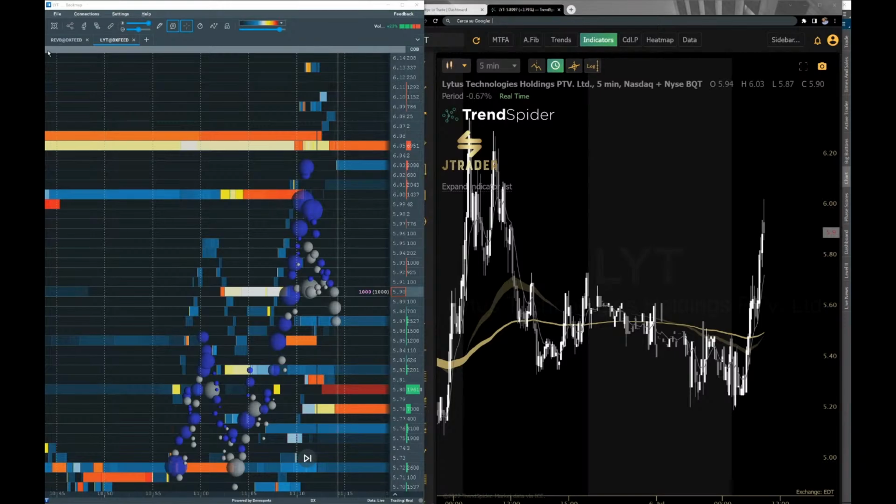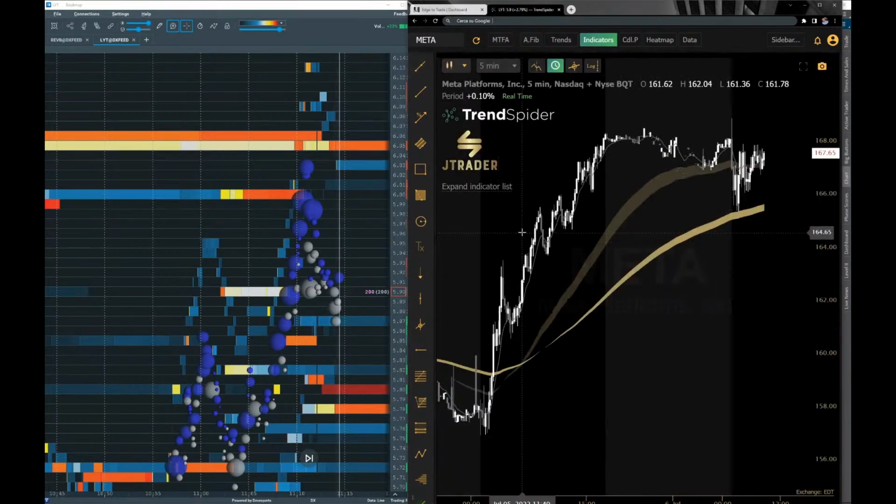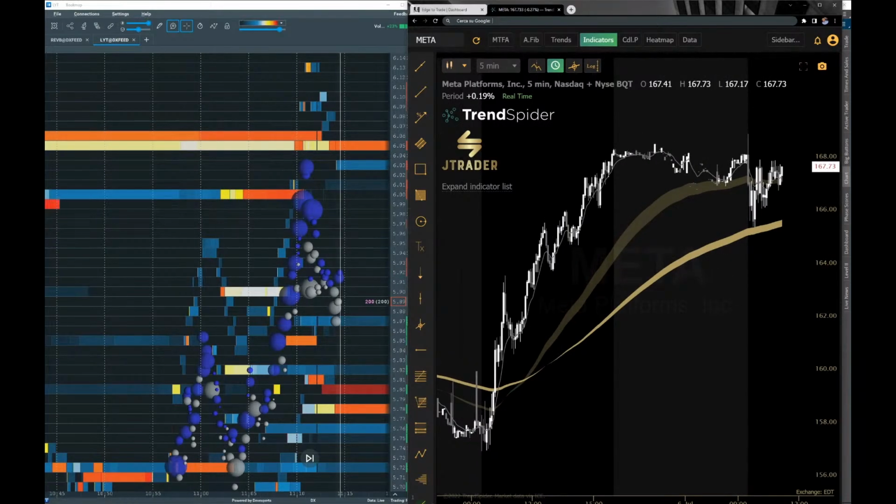For example, traders, if you saw yesterday in the afternoon, we had this on Tesla, Meta, and Amazon. I don't have the Bookmap of yesterday recorded, but we had several heat maps all the way up, a pretty good stack of liquidity. I believe 165 was a pretty good liquidity area.